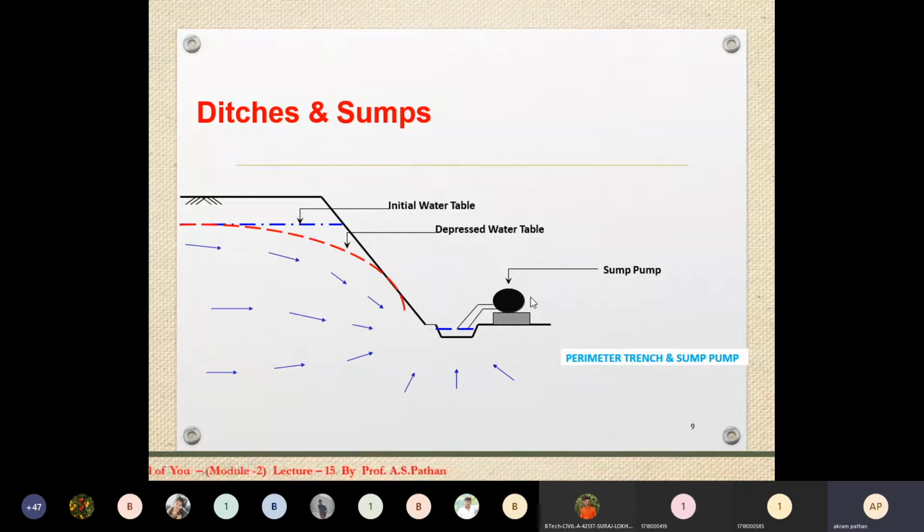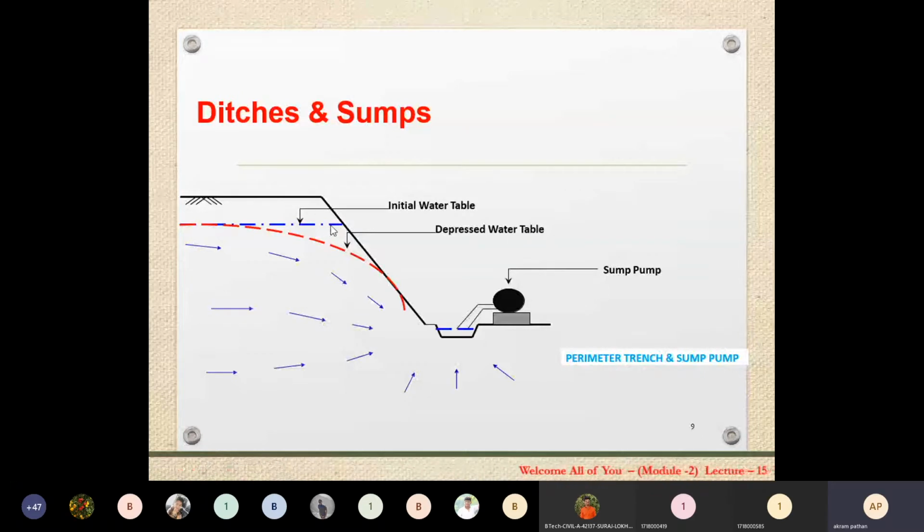Then here we have a delivery pipe, and the position of the delivery pipe is at the ground. After starting the pump, the initial water level goes on decreasing. This is known as the depressed water table.